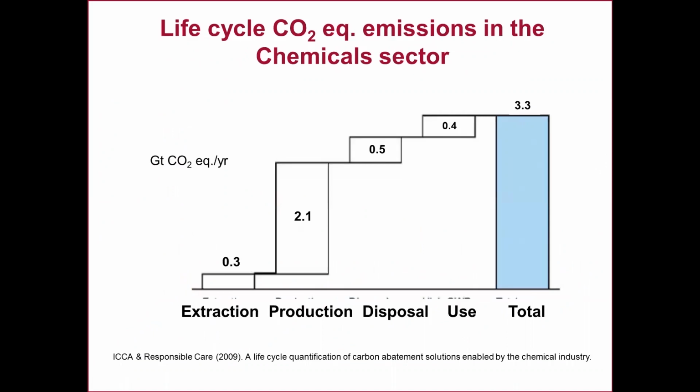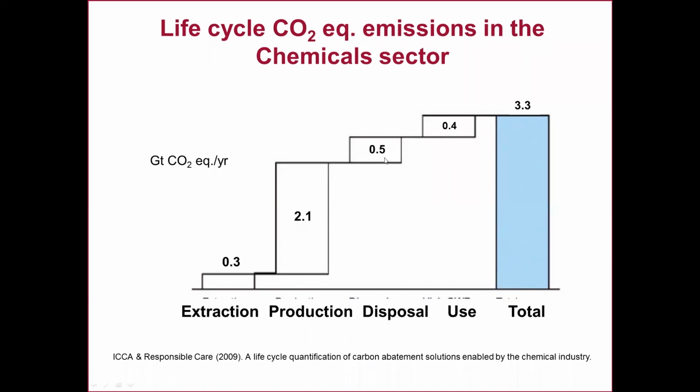In the chemical sector, most of the emissions are related to the production of the chemical because of the processing stage involved. But it also occurs partly because of the base material, which is extracted in the form of crude oil or gas, used as a feedstock.